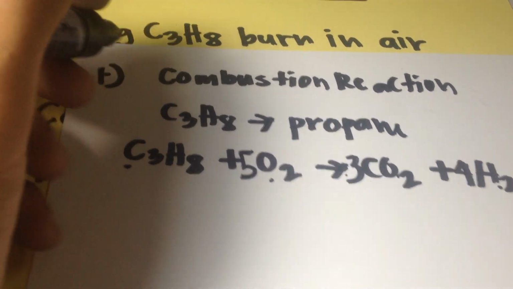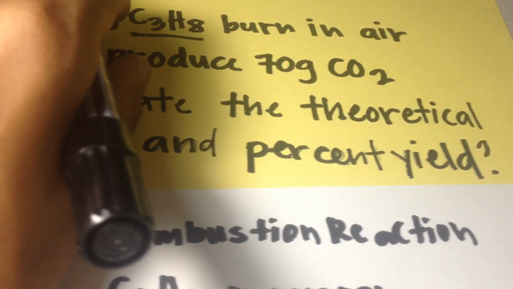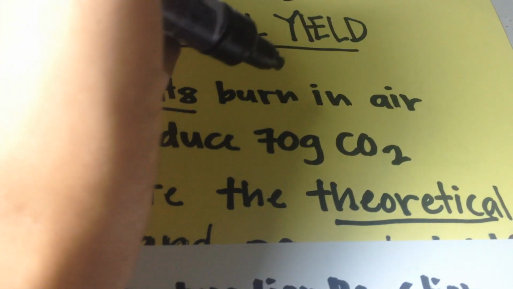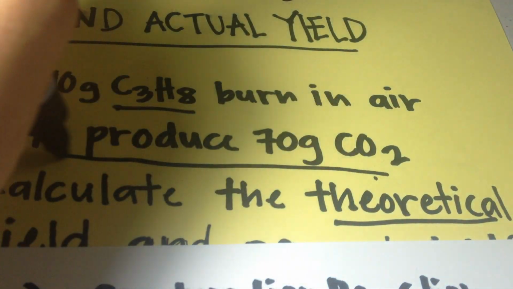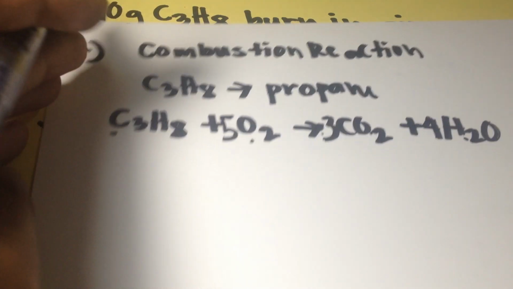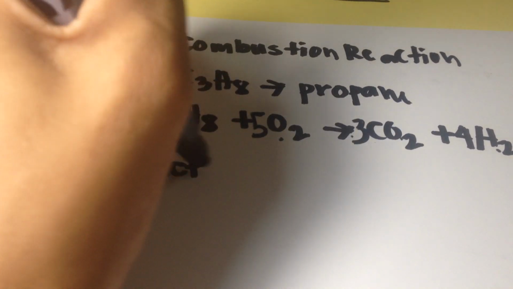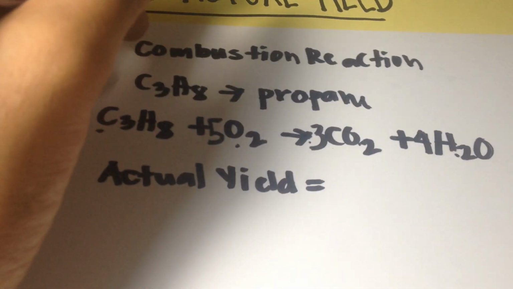And then we need to calculate the theoretical yield. And then we have 70 grams of carbon dioxide produced, so meaning this is an actual yield. Actual yield is equal to 70 grams of carbon dioxide.